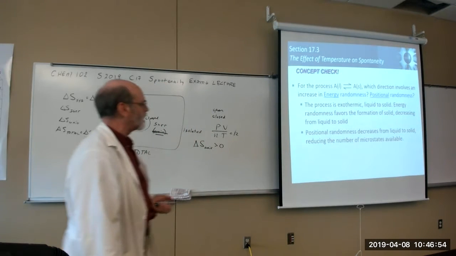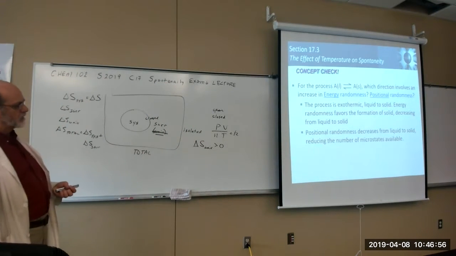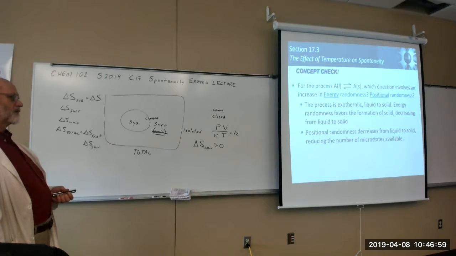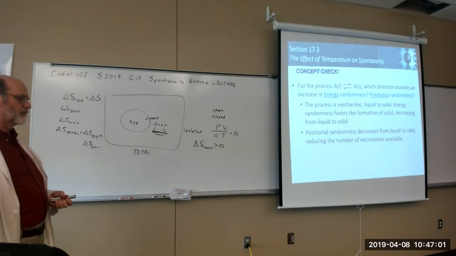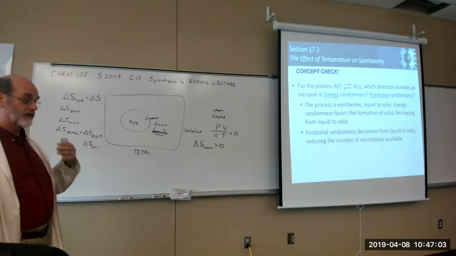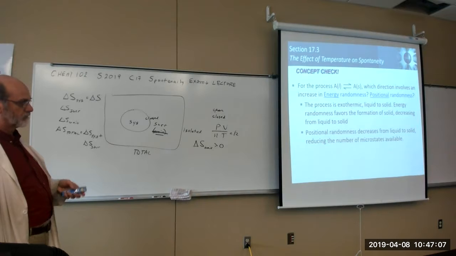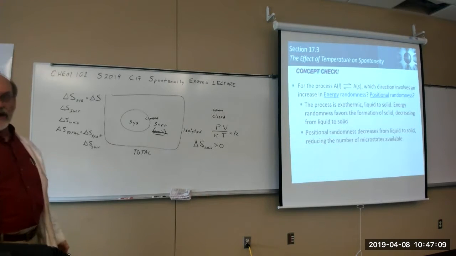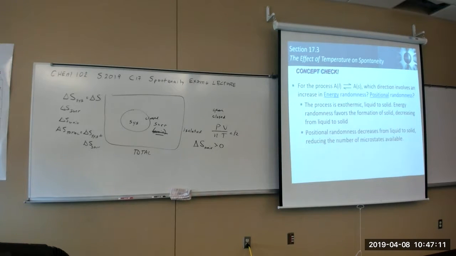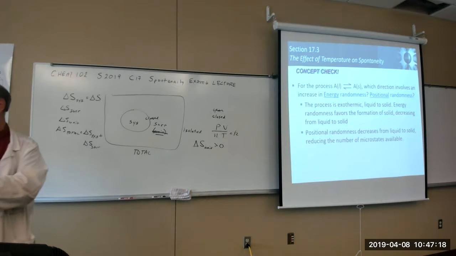No, formation of the solid. Let's see. Exothermic in the past generally means the preferred direction. Why? Because systems prefer to be at the lowest possible energy that they can find, which means they have to give up energy.